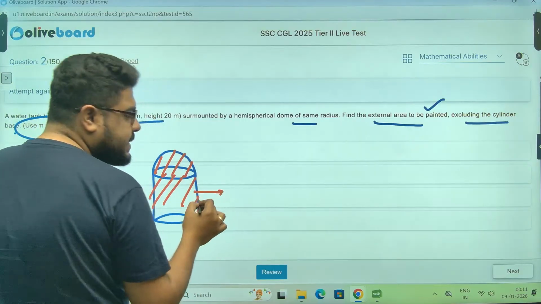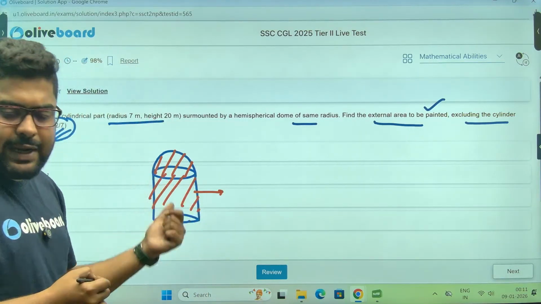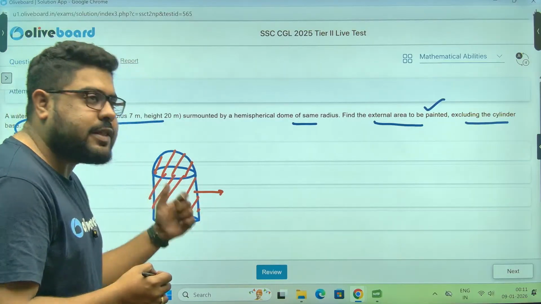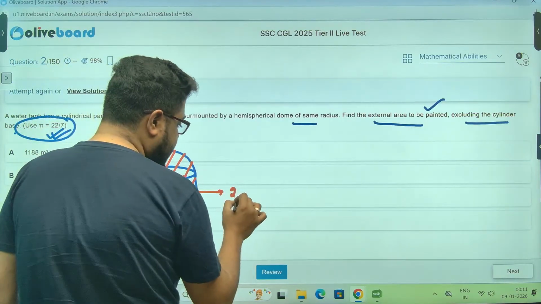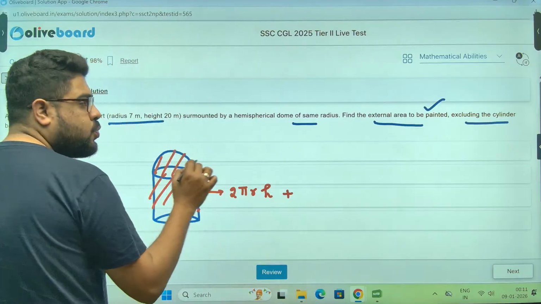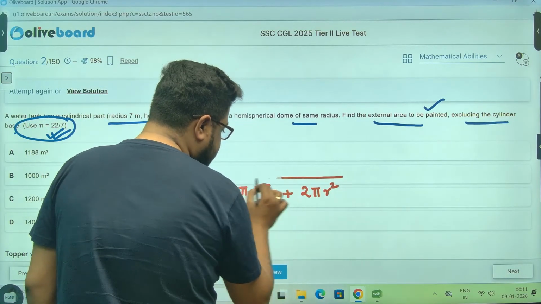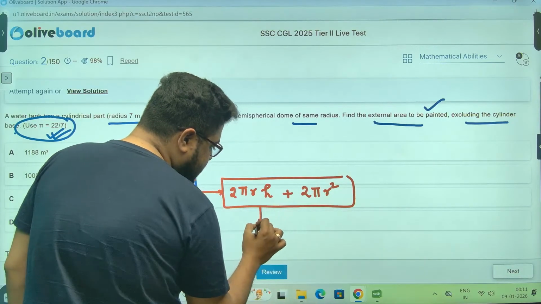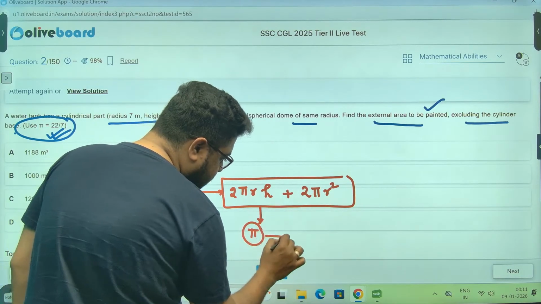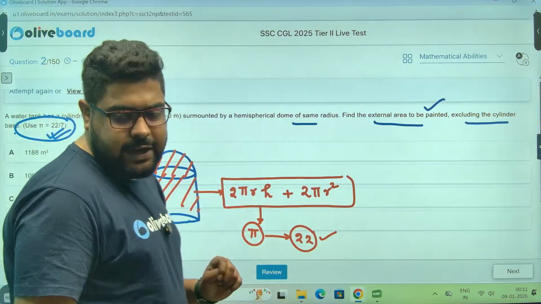So this external area will be, in case of the cylinder, the perimeter of the base, that is 2 pi r into 8, and this is 2 pi r square, half of the 4 pi r square. So ultimately pi is common here, meaning 22 is common, meaning my answer has to be a multiple of 22.